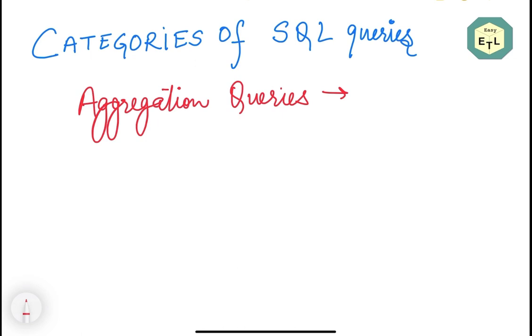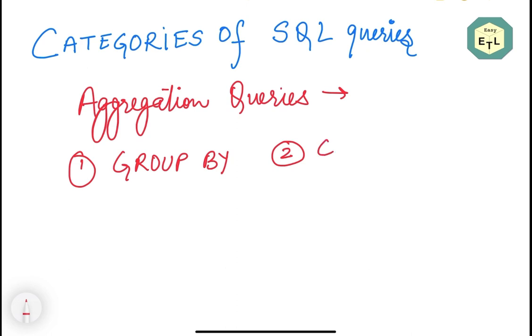So under this category, the first type is group by. It helps you to group the rows based on a column. So this is one of the most common aggregation expressions that we heavily use in our SQL operations.